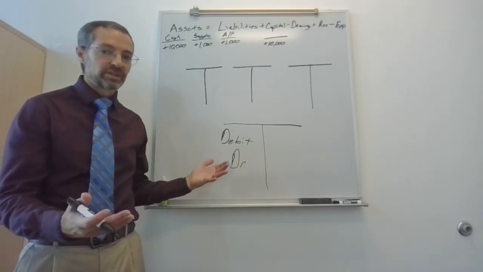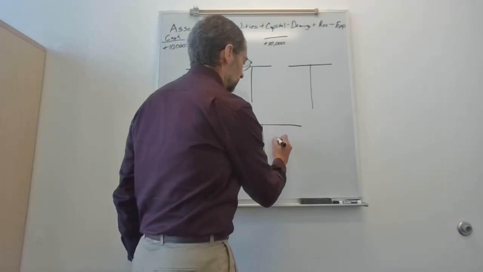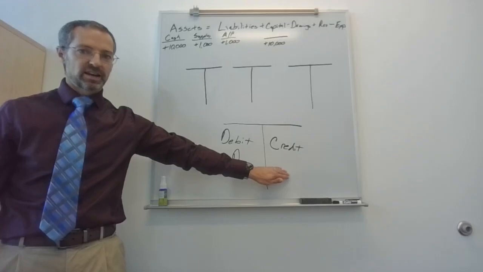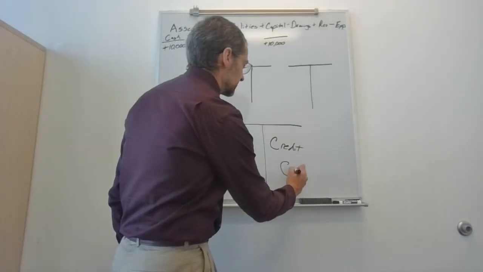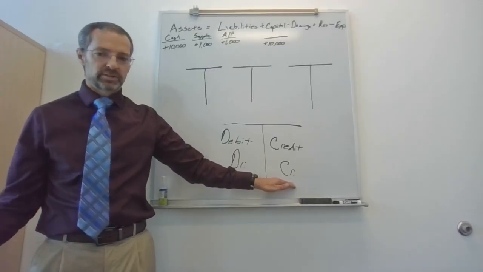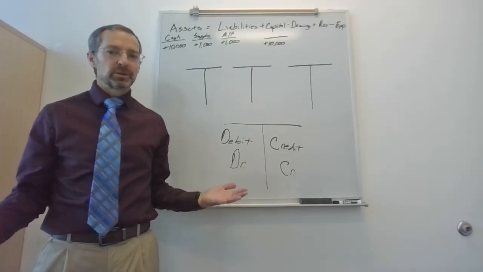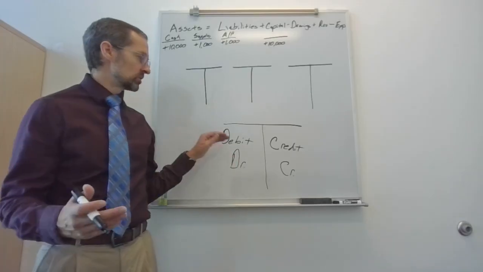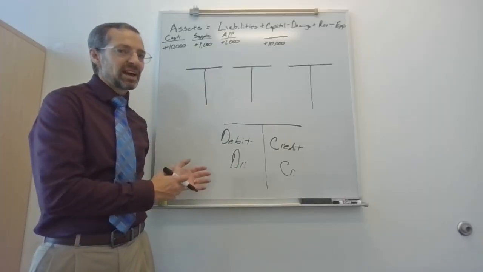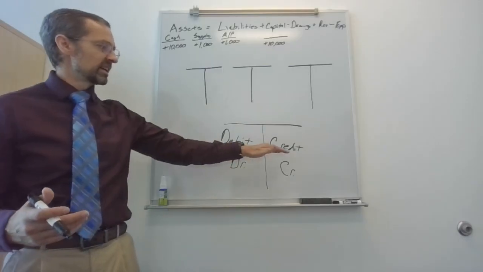We have since shortened it, but we kept the abbreviation DR. And the right side is the credit side, and we abbreviate that CR. And that actually stood for creditor 400 years ago, so it's debitor, creditor, DR, CR. We kept the abbreviations, but we shortened up the words to debit and credit. Again, simply, they mean left and right. Nothing more than that. So left side, right side.